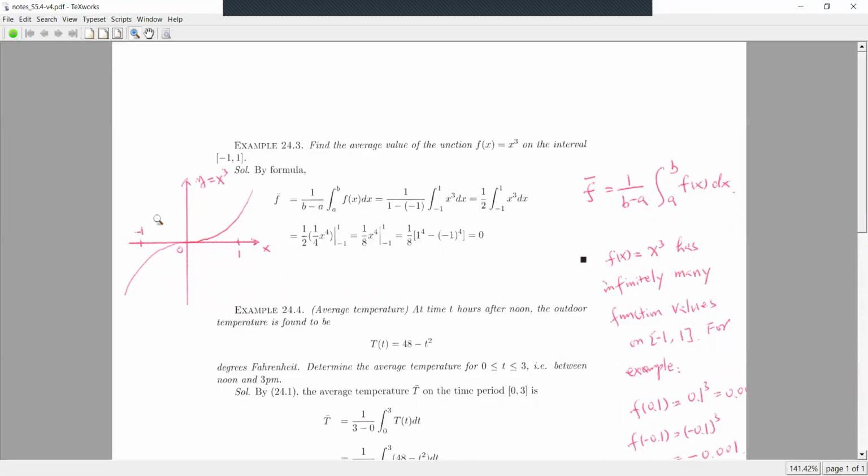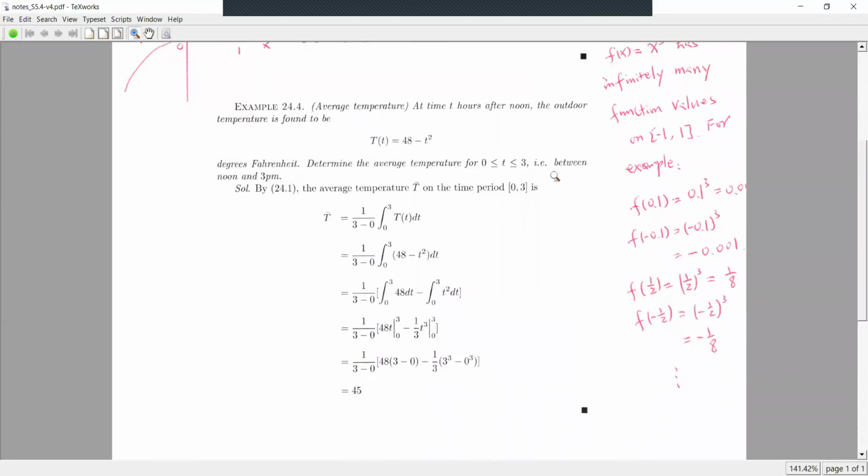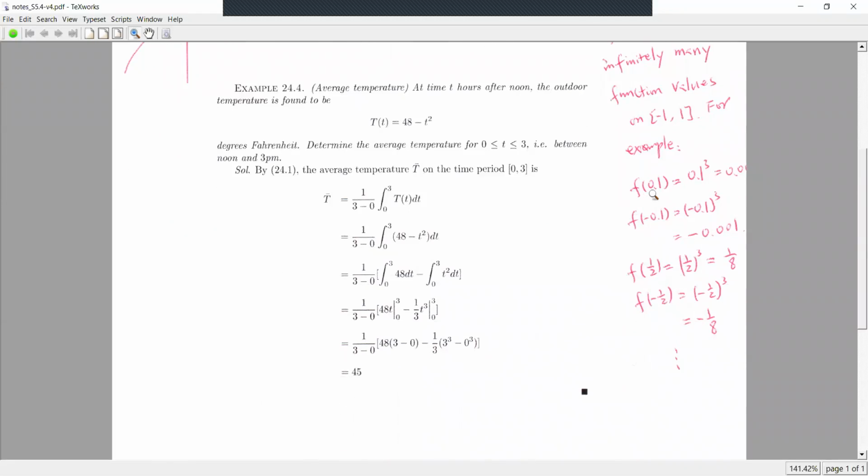The function has infinitely many function values, but those function values appear in pairs with opposite signs. For example, the function value at 0.1 is 0.1 to the third. It is 0.001.